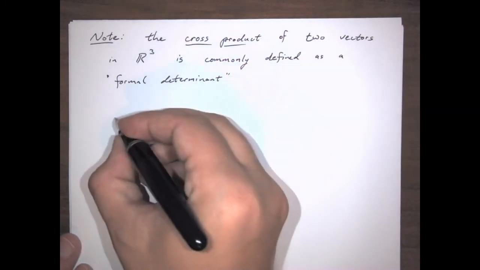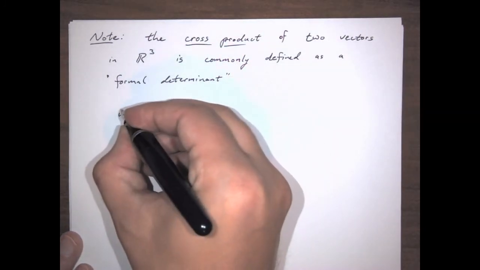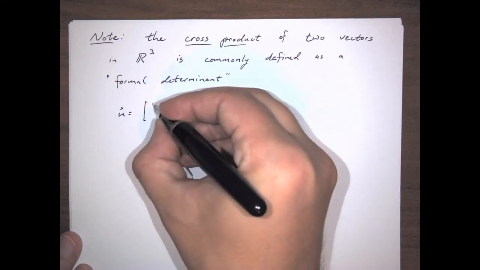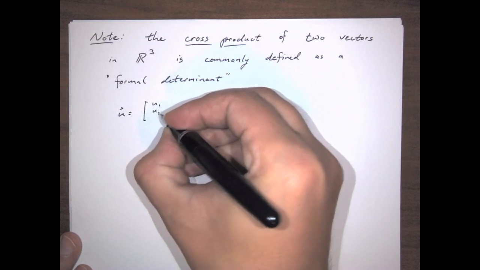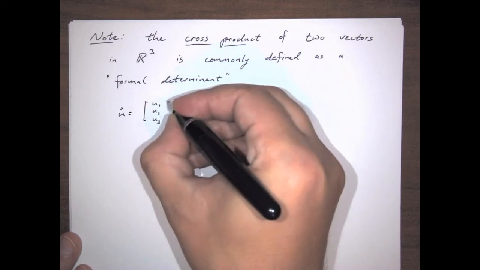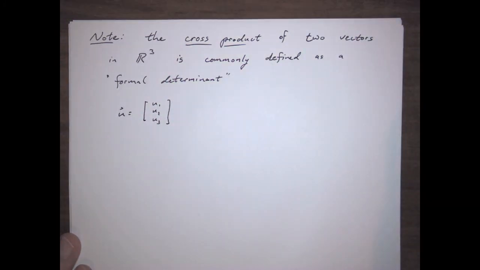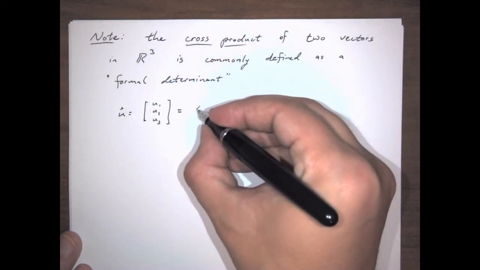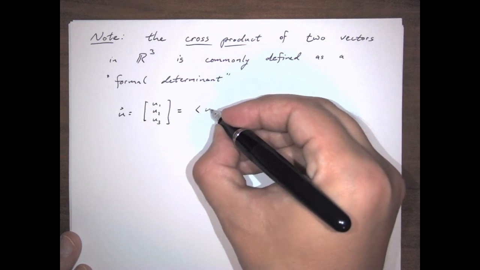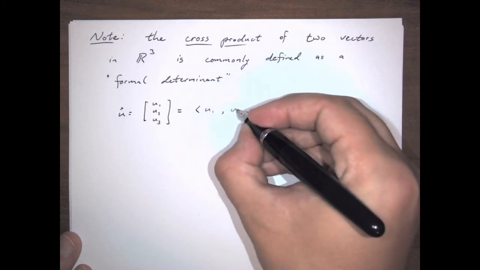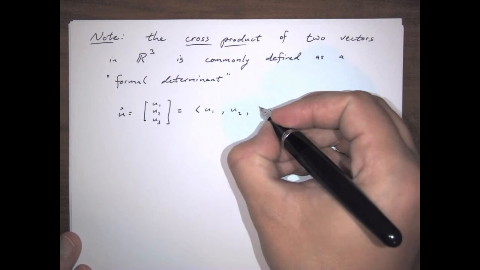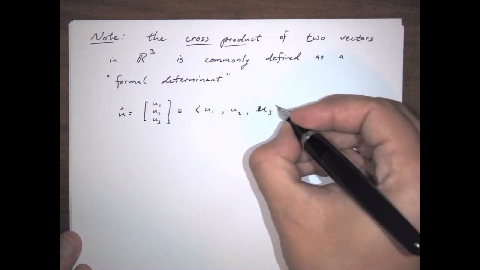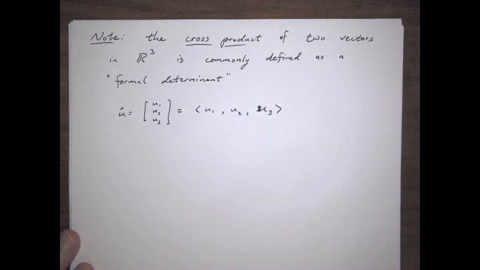And in particular, if we have u, which is a vector, let's say u1, u2, u3, we'll orient them like this in our first stage, but we can also remember that it's equal to just u1, u2, u3.